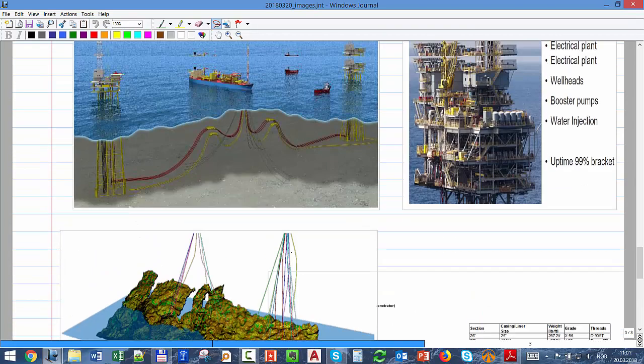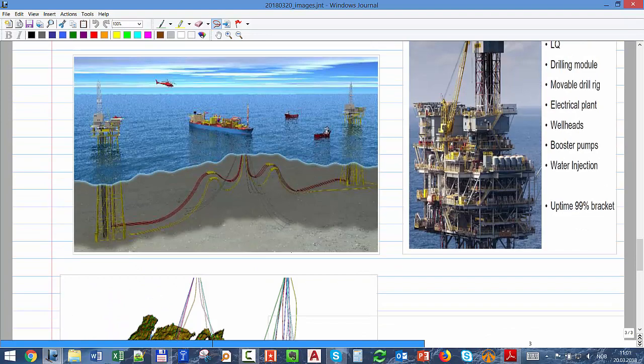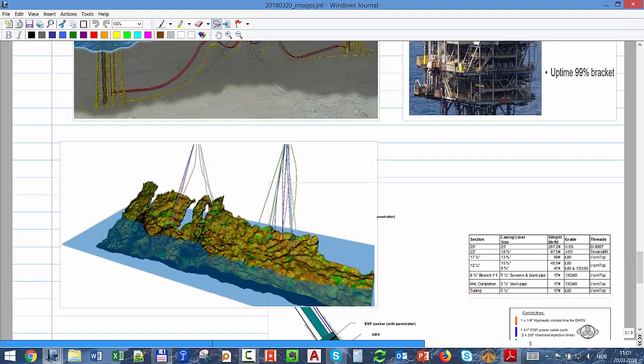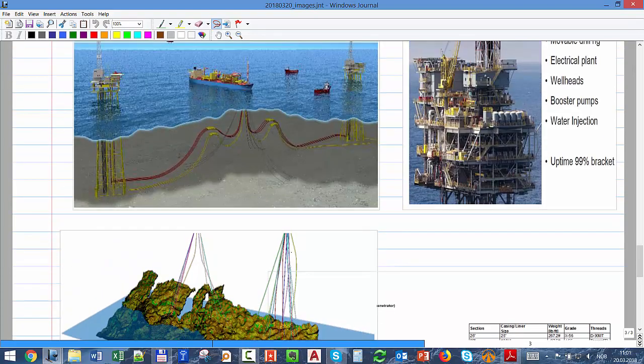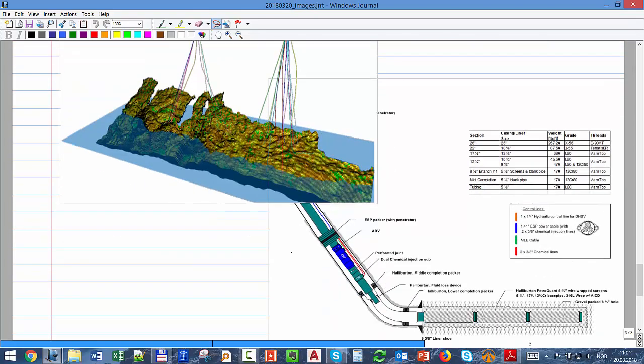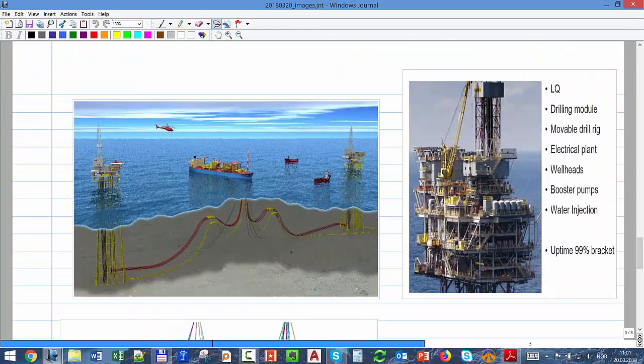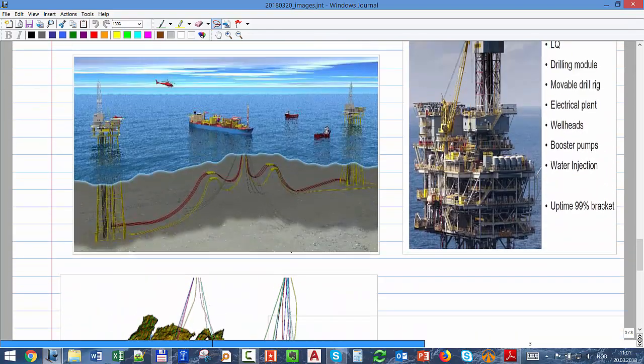That field has two platforms where I have producers. The producers you have here are vertical and then deviated. The viscosity is very, very high, so they decided you would have non-economic rates if you just produced by natural depletion. That's why you need the platform.